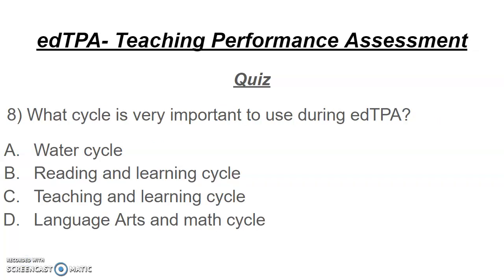Number 8, what cycle is very important to use during EdTPA? Choices are A, the water cycle, B, reading and learning cycle, C, teaching and learning cycle, or D, language arts and math cycle. The answer is C, the teaching and learning cycle. That's a very good thing to utilize throughout their EdTPA experience when they're doing their student teaching.